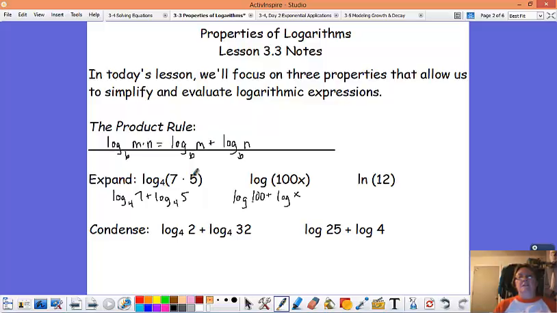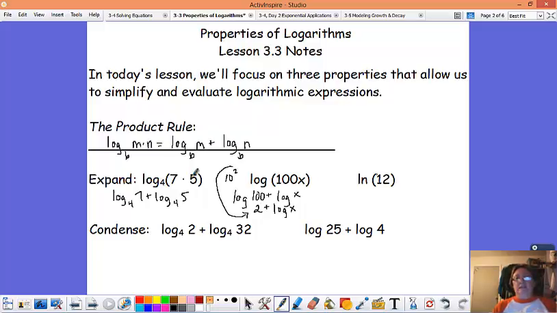The deal is, we know log base 10 of 100, the power that you raise 10 to get 100, is 2. So we can simplify this one further by saying 2 plus the log of x. Again, where that 2 came from, that's 10 to the second power, and the exponent is the logarithm. So yeah, we'll just draw the arrow. The exponent is the logarithm. The log base 10 of 100 is 2.